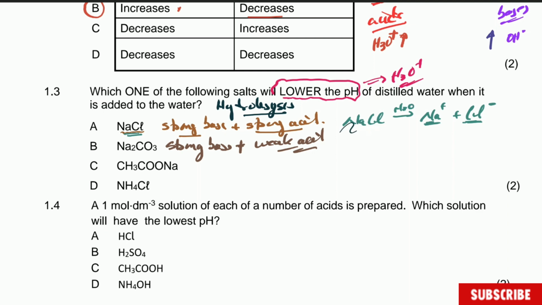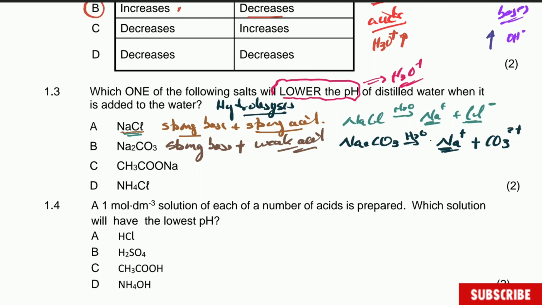Guys, I highly recommend you to go and watch the video on hydrolysis because it could be tricky. So the sodium carbonate Na2CO3 dissociates in water and breaks into ions that are Na+. Remember, ions of strong bases do not undergo hydrolysis. So this one does not go through hydrolysis and dissociates into CO3 2-.